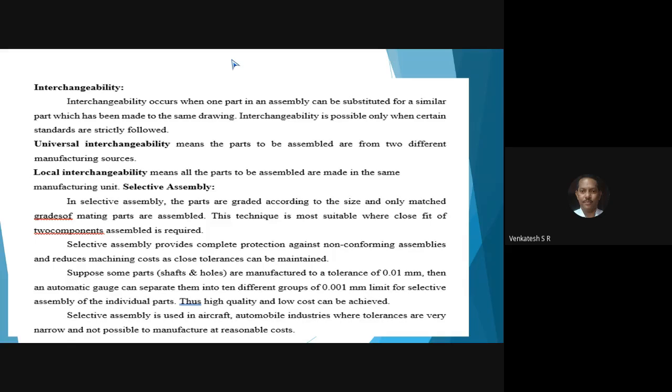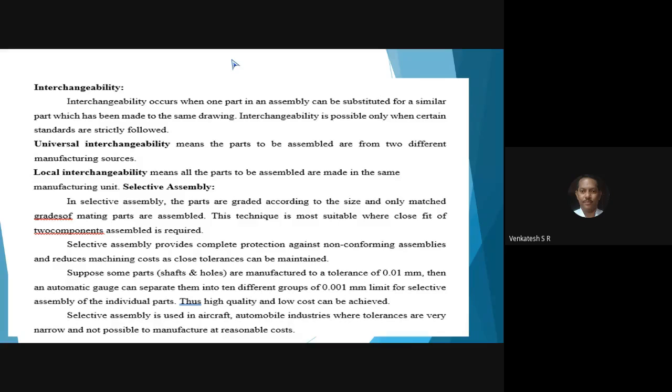So for that reason, while machining the bore required for placing the spark plug in the engine, the manufacturer of the Pulsar bike and the spark plug manufacturer follow the international standard dimension for machining of the engine for placing the spark plug, and also for manufacturing of the spark plug.